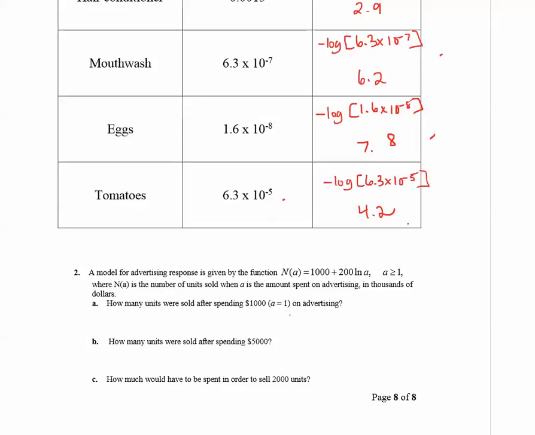So for this formula, A would be 1. So N of 1 is equal to 1,000 plus 200 times natural log of 1. Now, natural log of 1 is 0, so this whole 200 ln of 1 is 0. And so we get N of 1 is equal to 1,000.